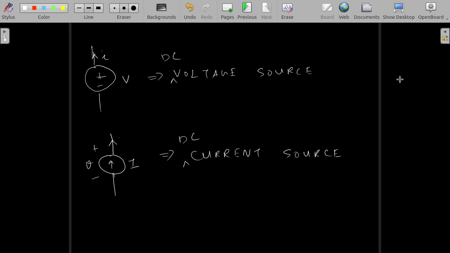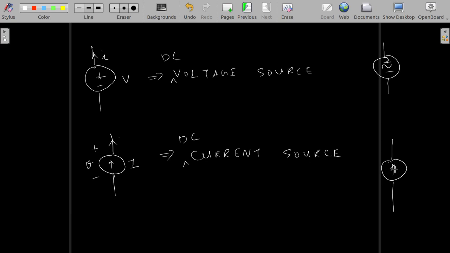So how do you distinguish them? What will be the notation of an AC voltage source? It will be something like this, that is, there will be this AC signal in between the positive and negative. Similarly, what will be the notation for an AC current source?